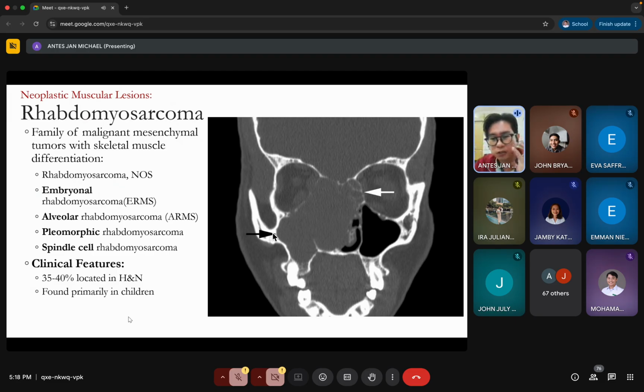And then it's seen on the buccals, cheeks, right here or right here at the cervical area. It's found primarily in children. It's a rapidly growing mass that may cause pain or paresthesia because of the compression of the nerves. So it is seen mostly in the tongue and the soft palate.